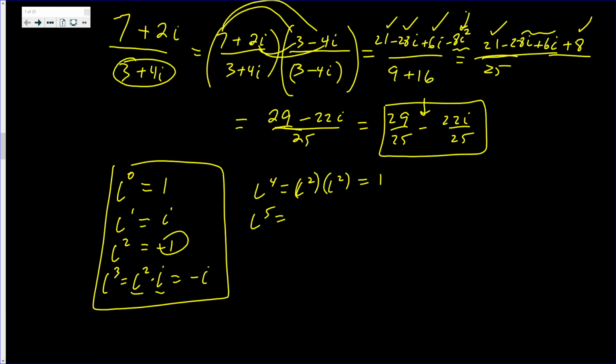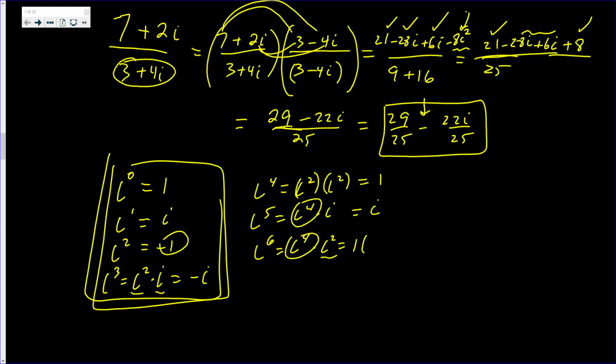Now, i to the 5th, well, that's i to the 4th times i. i to the 4th is 1 times i is i. i to the 6th, that's i to the 4th times i squared. i to the 4th is 1, and i squared, according to this table, or if we remember, it's negative 1. i to the 7th is i to the 4th times i cubed.